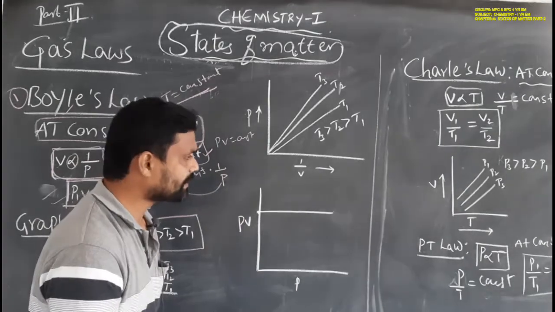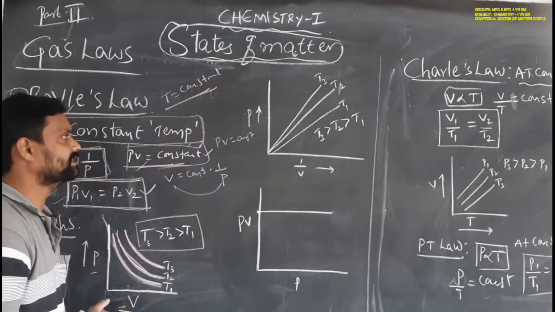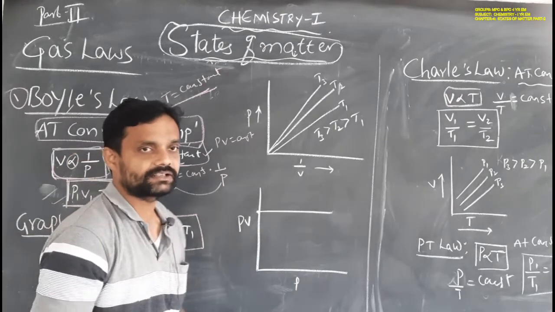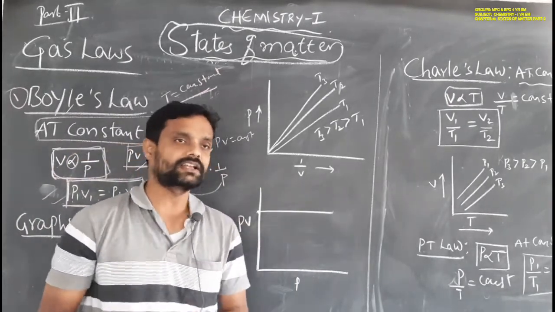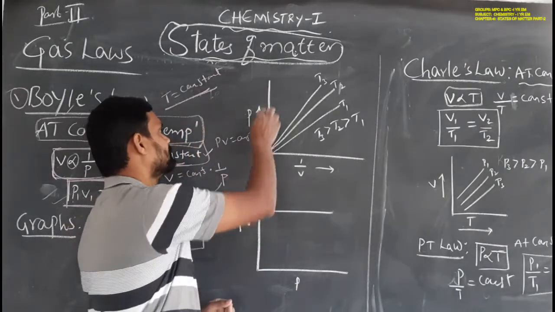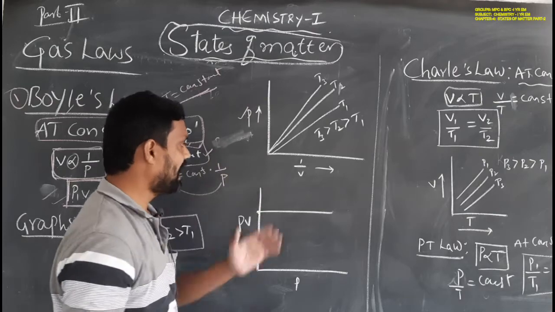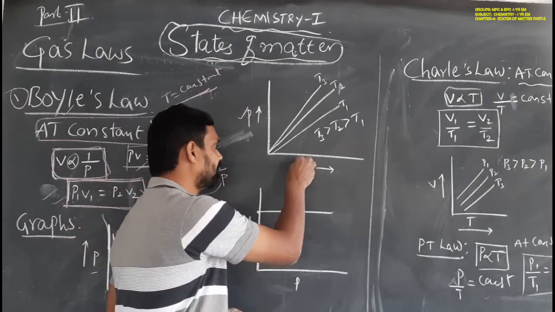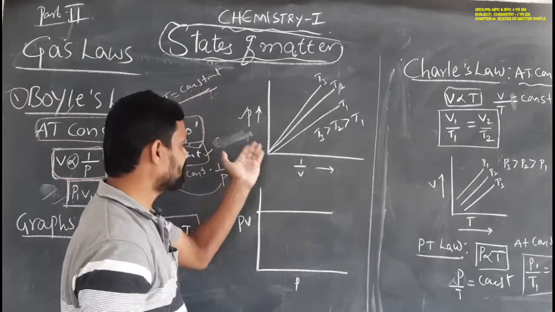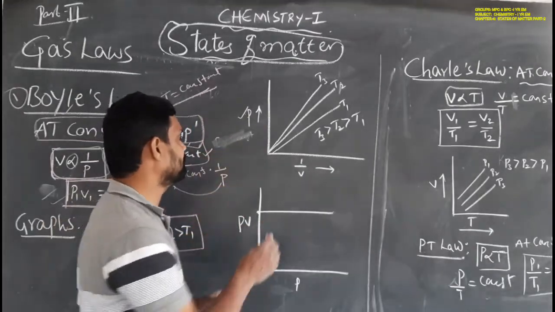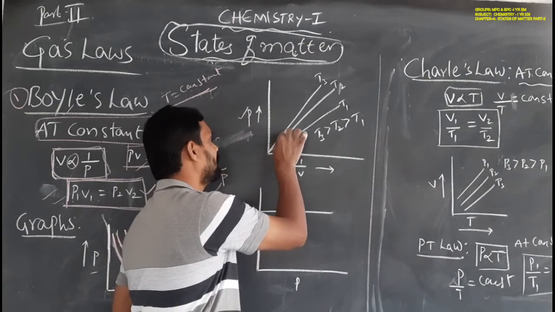Another graphical representation is also present for Boyle's law. Here the representation is between pressure and the inverse of volume, that is 1 by V. On the y-axis we take the pressure, and on the x-axis we take 1 by V. When we draw the graph between pressure and 1 by V, we get a straight line through the origin.